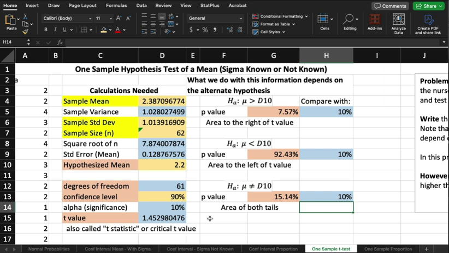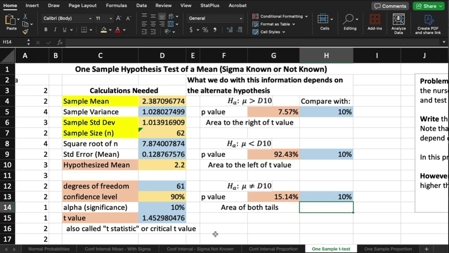So there was a claim made about the mean, and we are testing that by using a simple random sample from that population, and we're going to determine whether the claim was true or false, or there may not be sufficient evidence to say anything. So we're going to see what it is that we can say.